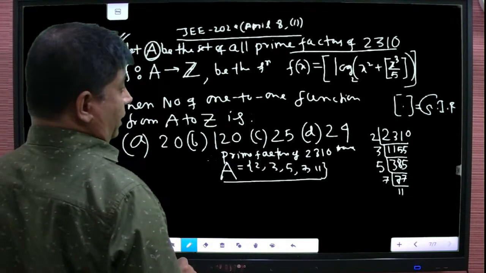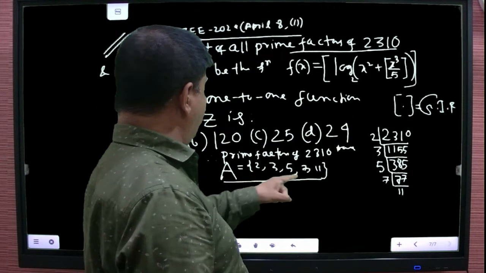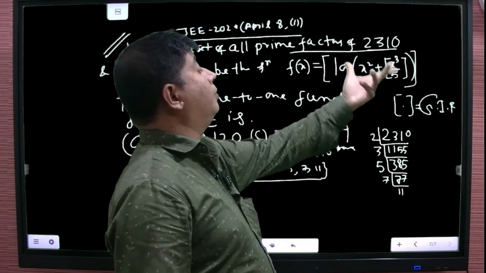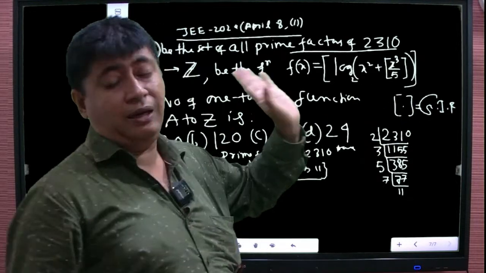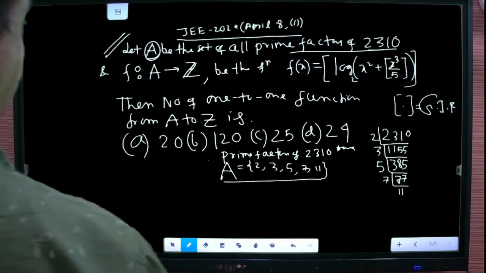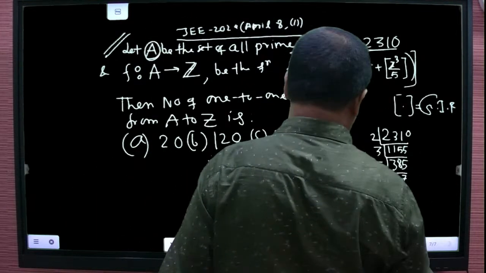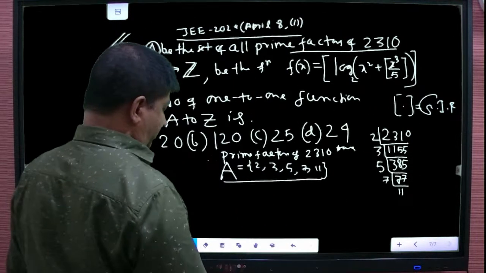Now you have to analyze it according to the number, putting the value of 2, what will be the value of this, you have to understand. This symbolizes the greatest integer function.